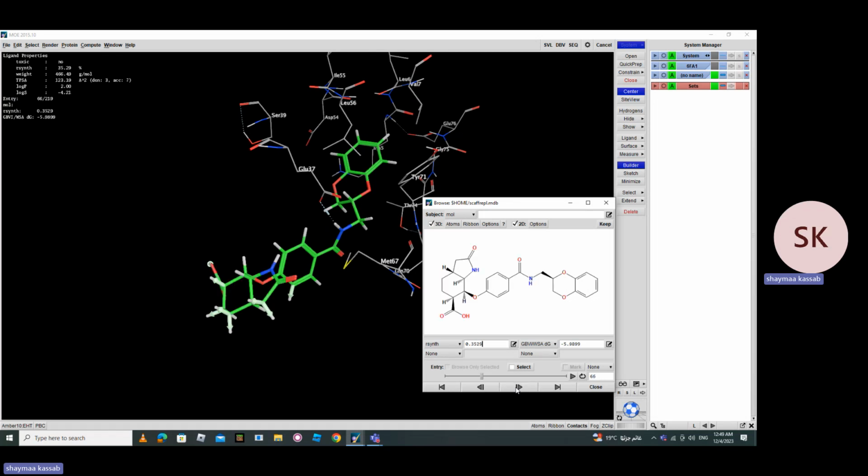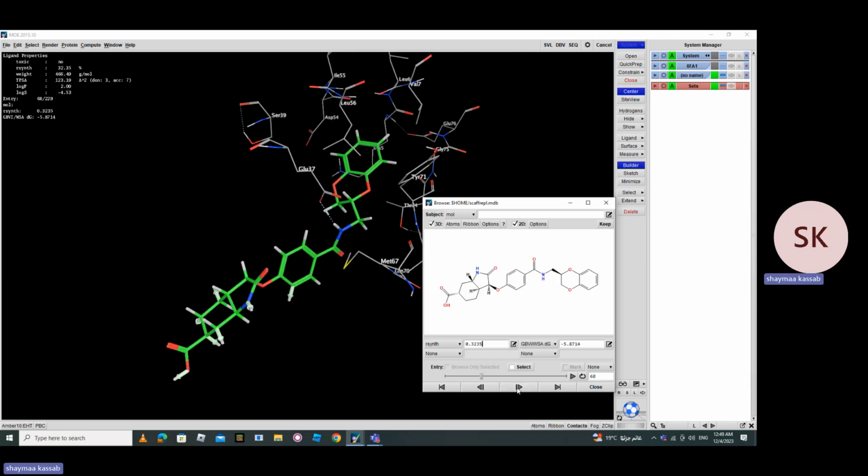After developing the structure, you made it a very active region, and it forms bond interaction forces, and in this region there is a bonding force, one or two, formed with the new ligand, or developed ligand.